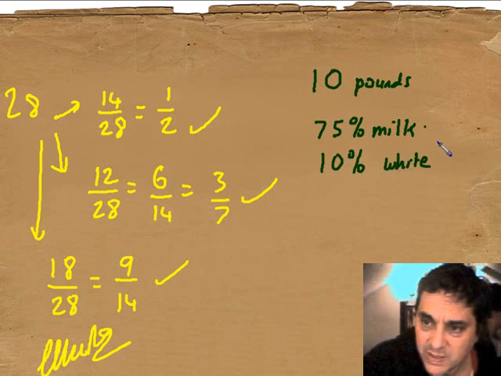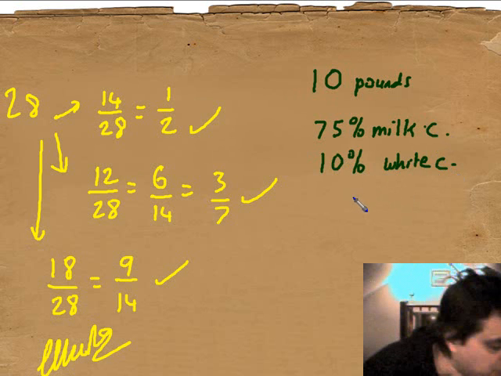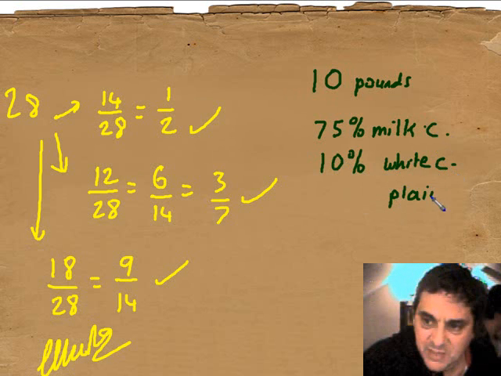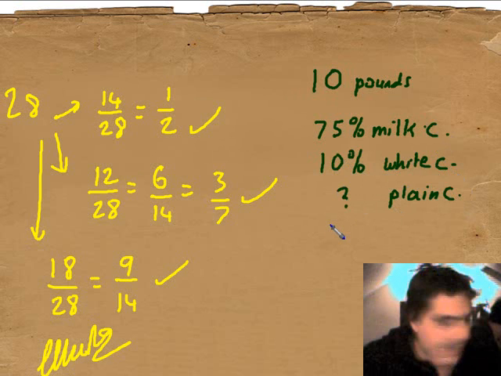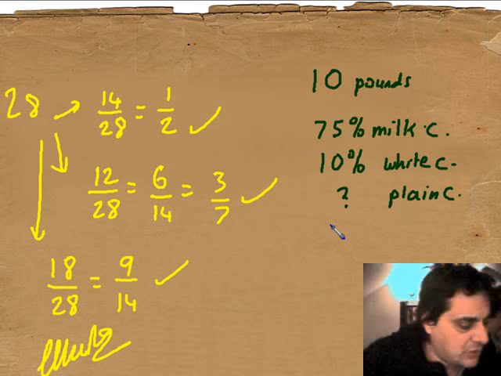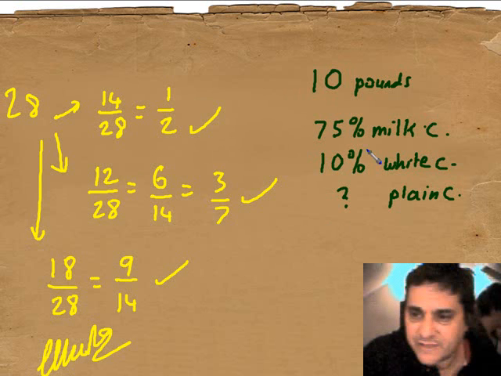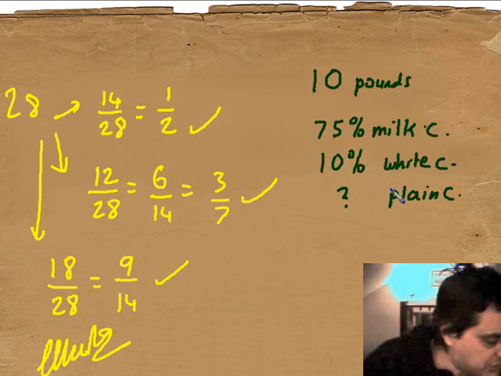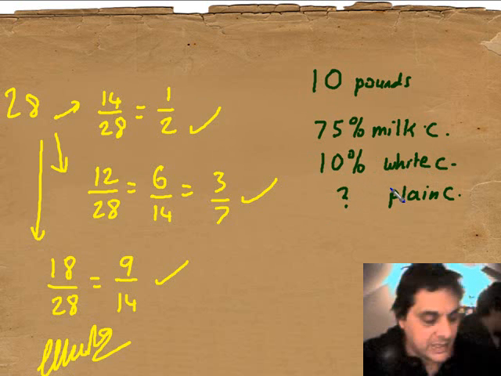Milk C for chocolate, white C for chocolate, and we're told the rest were plain chocolate, so that's going to be plain C, and I'm going to put a dirty great question mark there. So let's just read it again. Kevin sold £10 of chocolate, 75% were milk, 10% were white chocolate, and there's the remaining percentage being plain chocolate. And the question says, and the rest were plain. What weight of plain chocolates did he sell?